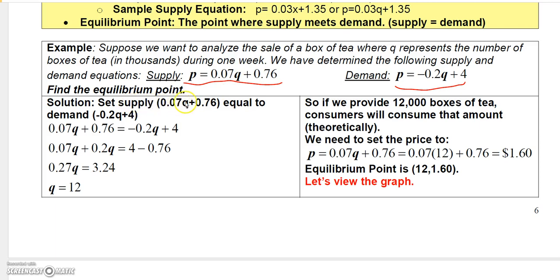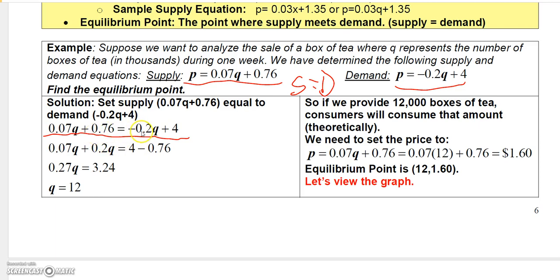Basically, you set supply equal to demand, and then you substitute for supply this portion, and you substitute for demand this portion, and that will give you an equation that looks like this. And then you just solve this equation for the quantity.